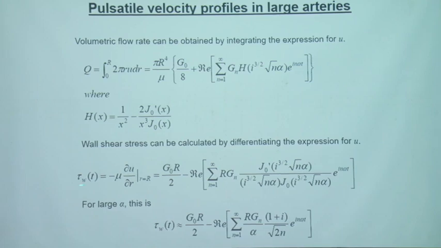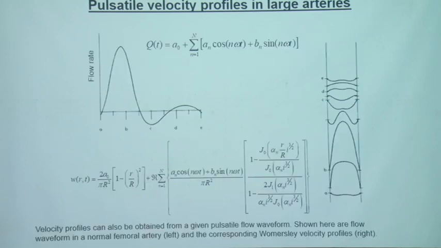The wall shear stress can be derived by differentiating the resolved velocity profiles, so the velocity gradient multiplied by viscosity. If we assume blood behaves as a Newtonian fluid, you can use the Newtonian viscosity here. And then you can find a mathematical expression for shear stress. All of these can be analyzed, and if you have access to MATLAB or other tools, you can plot the relationship between shear stress, flow, and pressure.